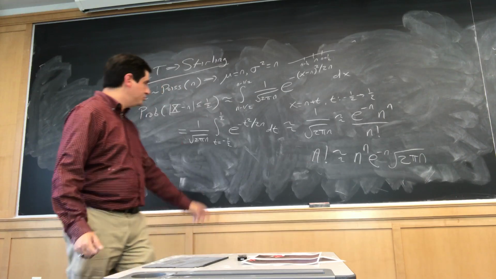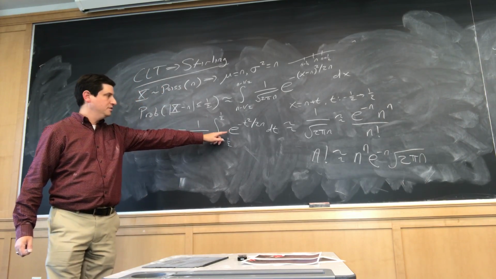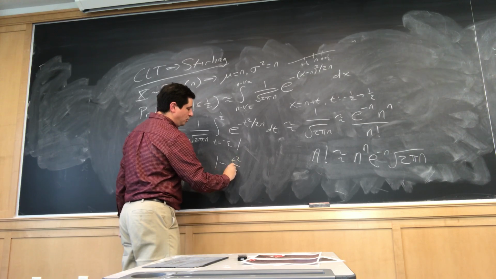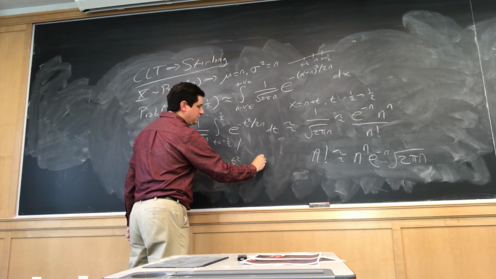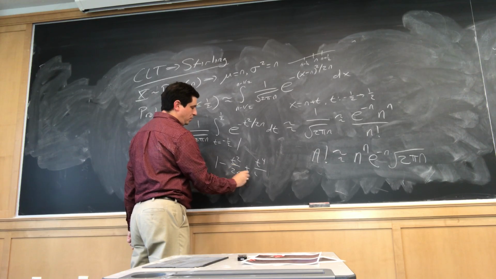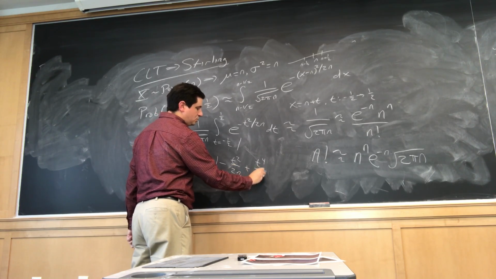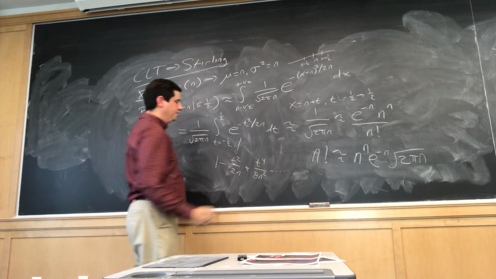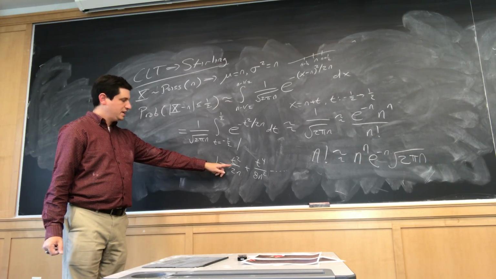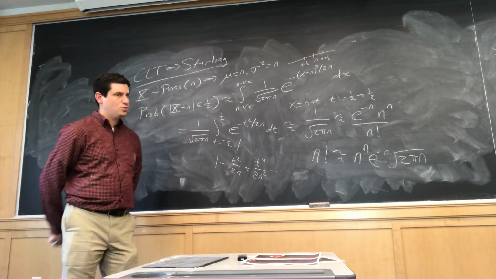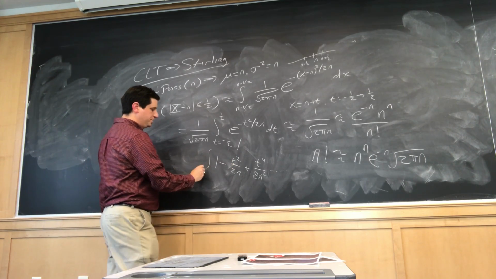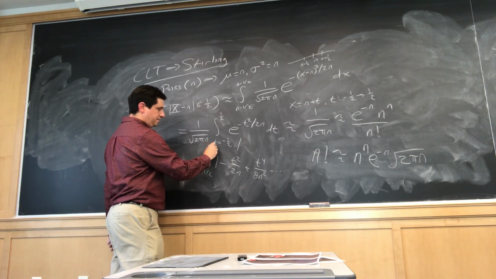And if we wanted a better job, we would just go to this integrand, and we would write this as 1 minus t squared over 2n plus t to the 4th over, I think it would be 8n squared, minus dot dot dot.